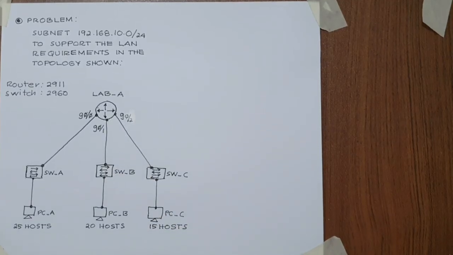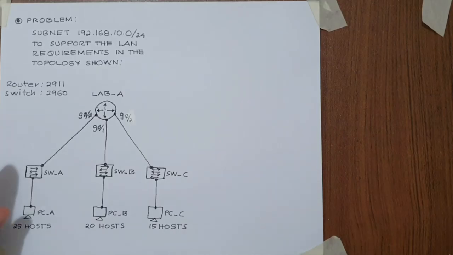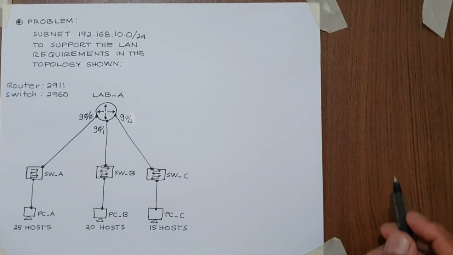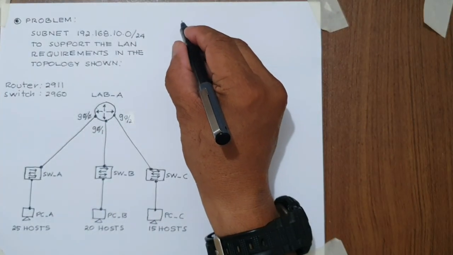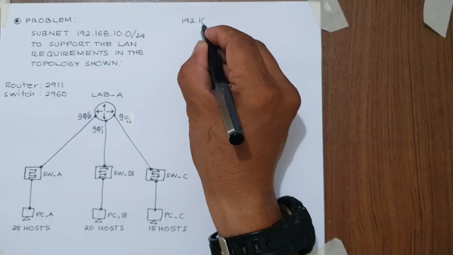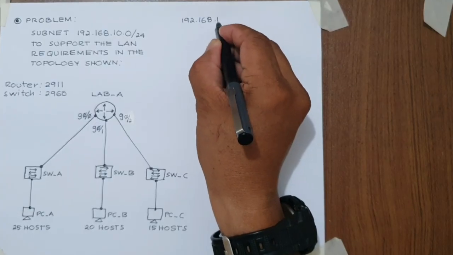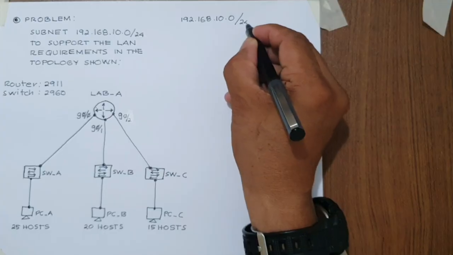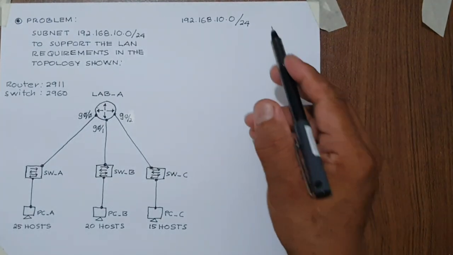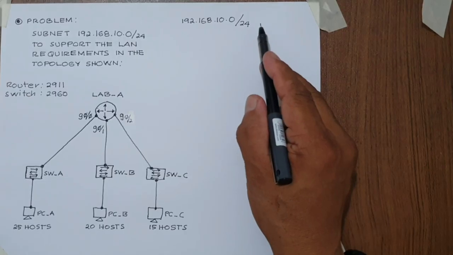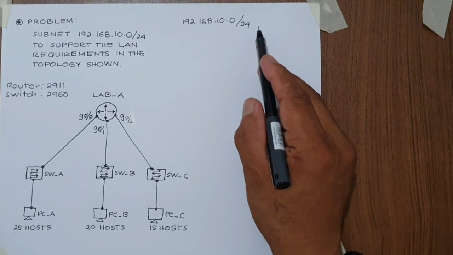Okay, so our first task here is to subnet this Class C network address. So we subnet 192.168.10.0/24. This is the bit mask. This represents the number of bits that are allotted to the network.